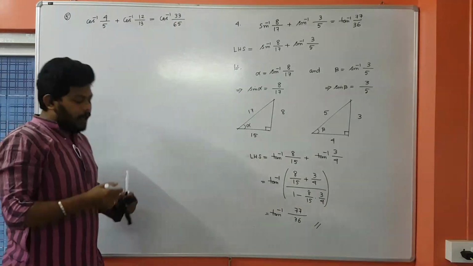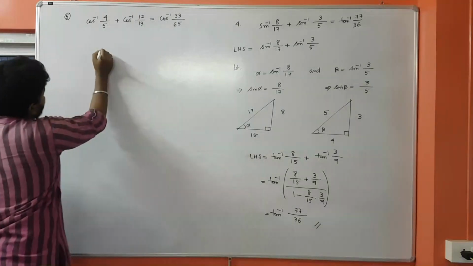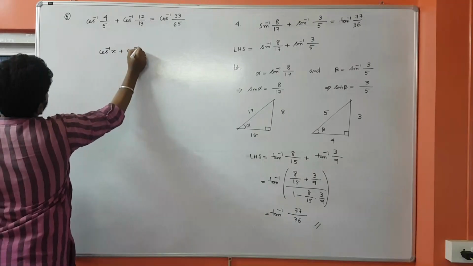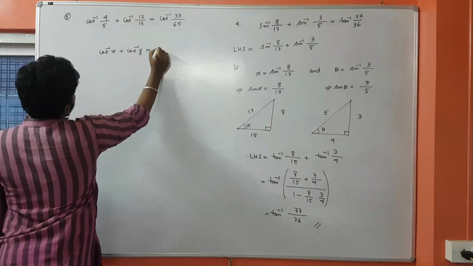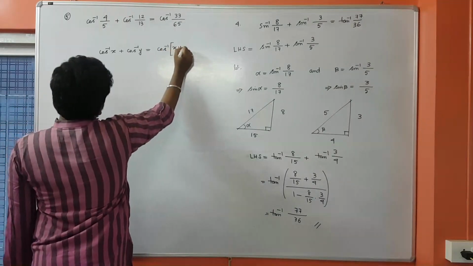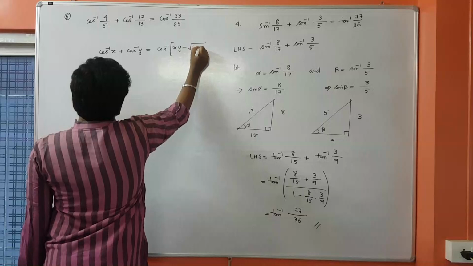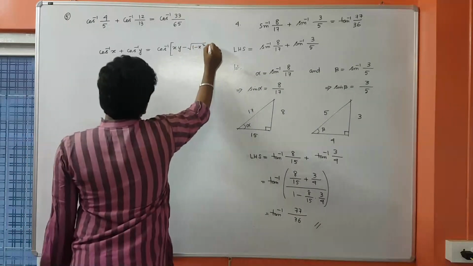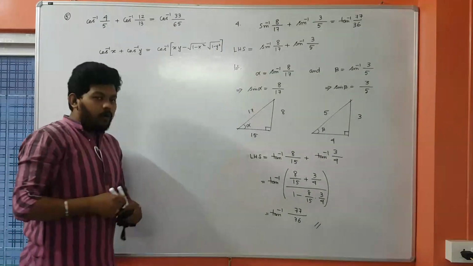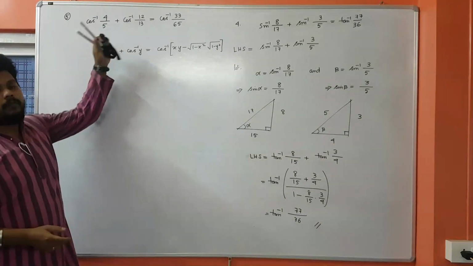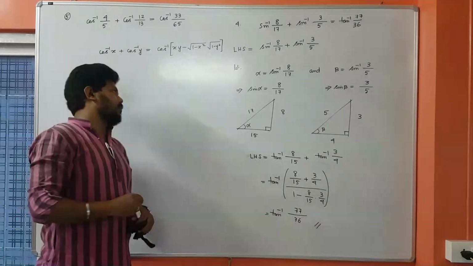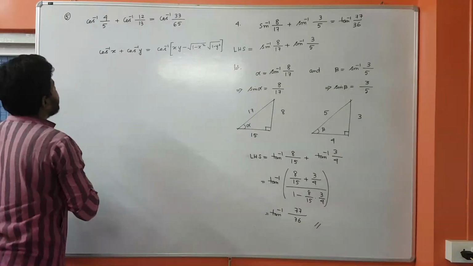You can directly apply the formula of cos inverse of x plus cos inverse of y is equal to cos inverse of xy minus square root of 1 minus x square into square root of 1 minus y square. You can apply this also, or you convert it into tan inverse, and then from tan inverse you convert it into cos inverse. Let us apply this.